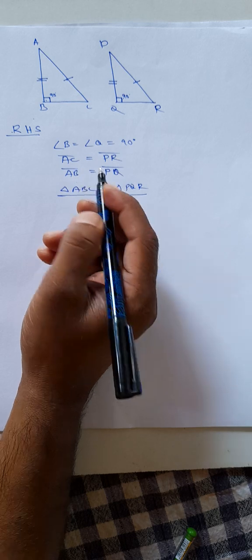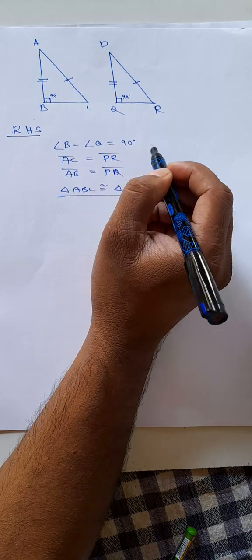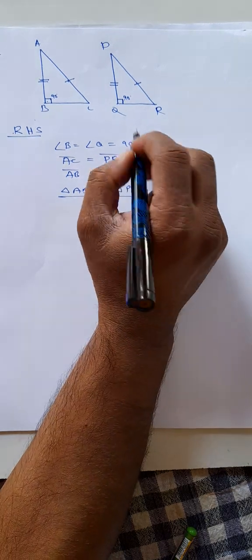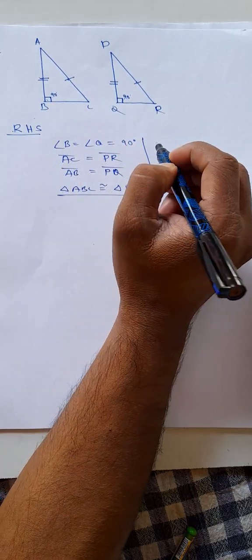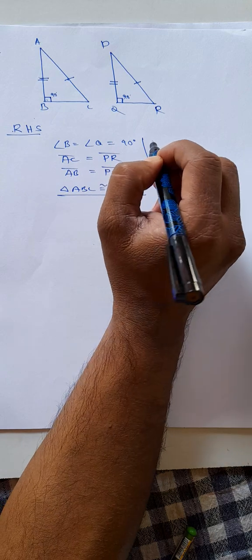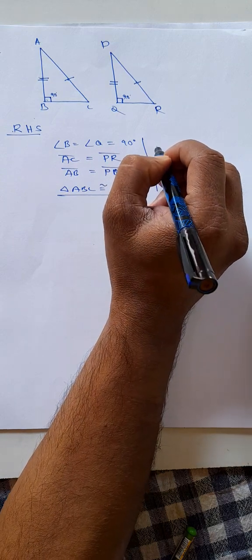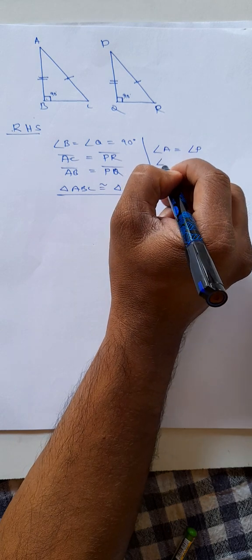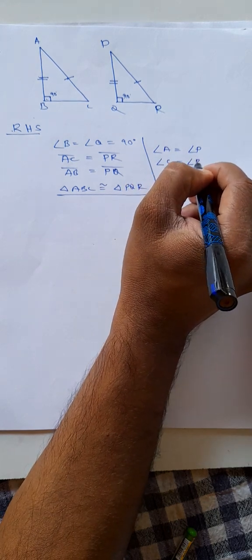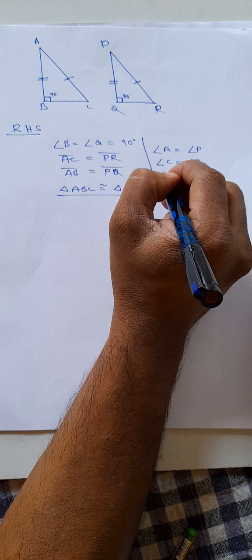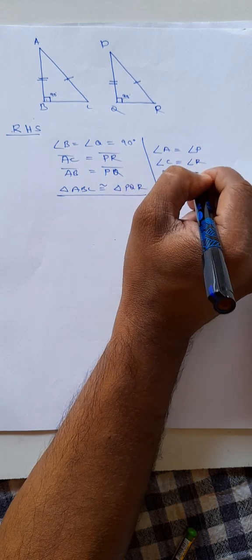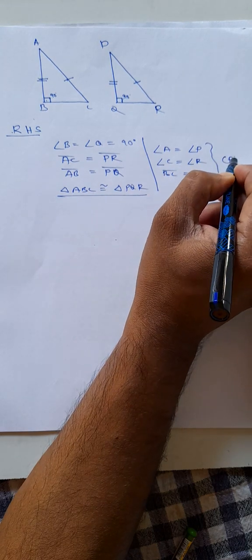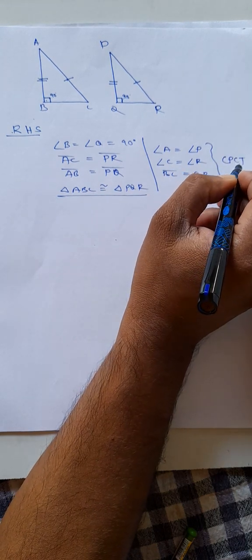Right? So these two right angle triangles are said to be congruent, and once you find that these two right angle triangles are congruent, you will easily write the other corresponding parts are equal. That means angle A equals angle P, angle C equals angle R, and the other remaining side is BC equals QR. CPCT, corresponding parts of congruent triangles.